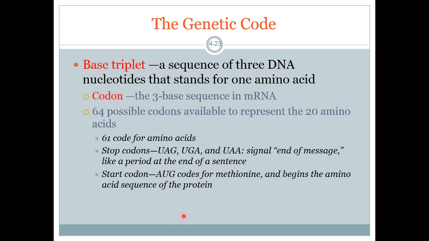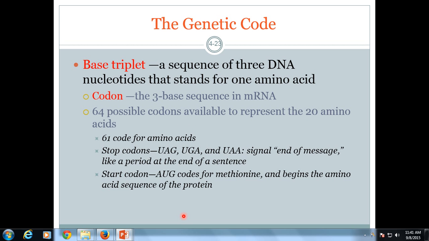The messenger RNA contains a mirror image of each base triplet, and this group of 3 bases is called a codon. The possible combinations of 3 bases yield a maximum of 64 codons. Therefore, some amino acids are specified by more than 1 codon, which you will see in Table 4.2 on page 119 in your textbook.